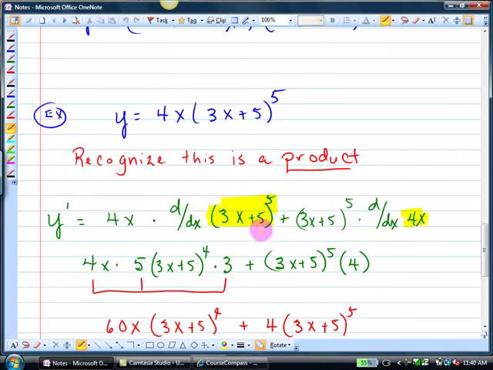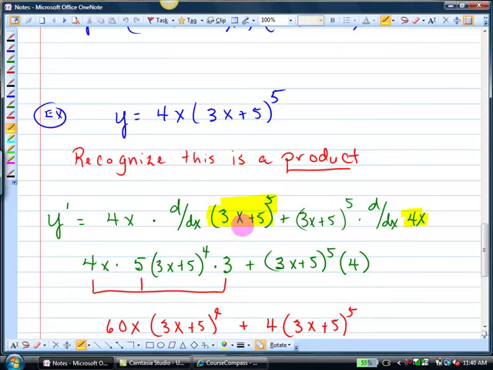Noticing that when I take the derivative here, I have to use the chain rule. So the new stuff we just learned comes into play right here. So you have 4x times, and here's the derivative of that thing, 5 times that to the 4th times 3. Where'd the 3 come from? It's the derivative of what's inside.